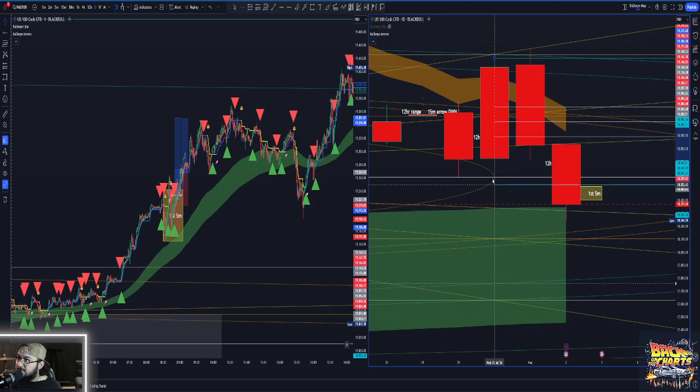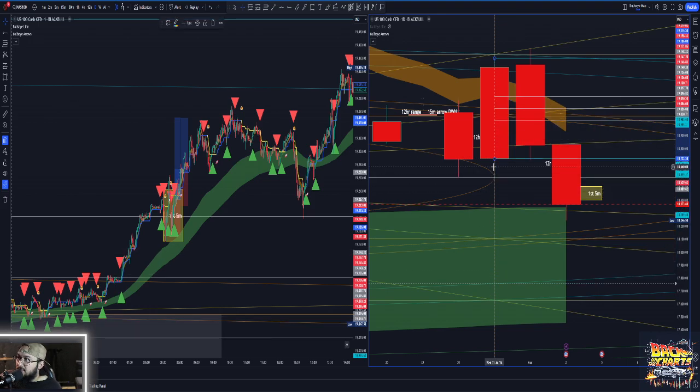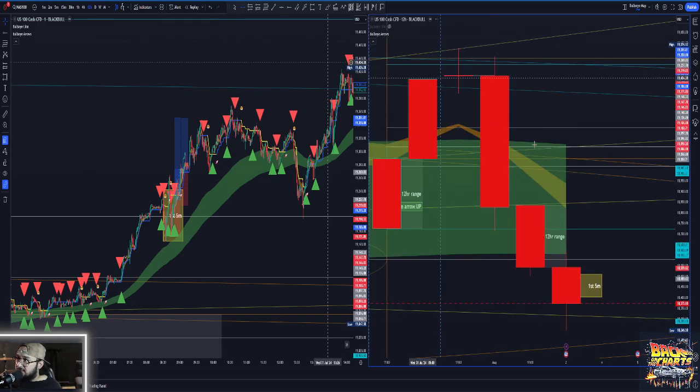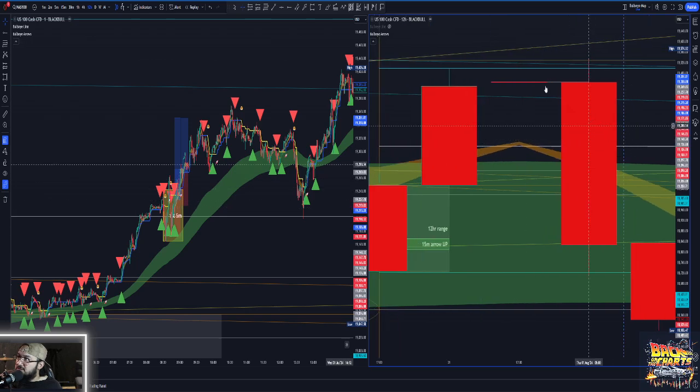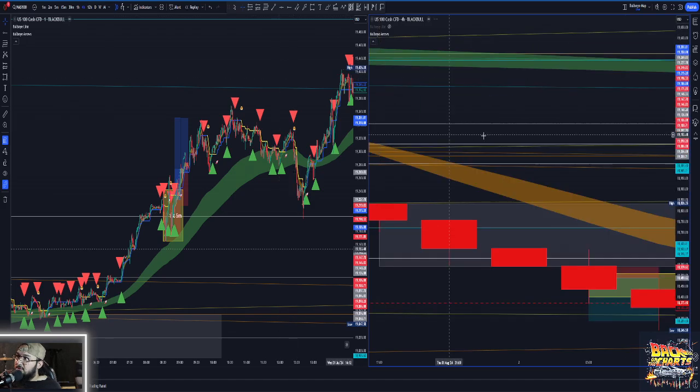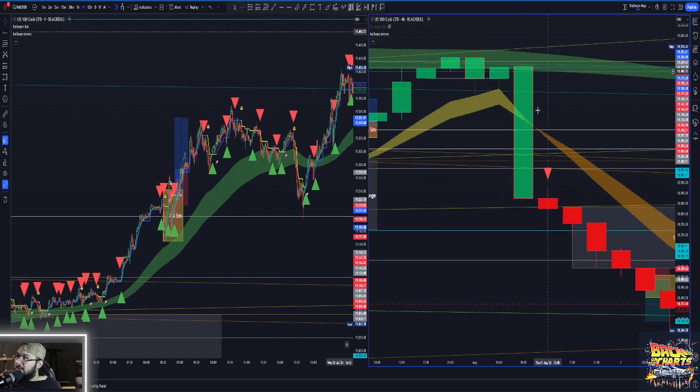All right. Then we want to go to the 12-hour range. Okay. For Thursday. And you can see up here, it's a really, really weird, skinny looking candle. So what I would do is go to the 4-hour. Go to 4 hour.